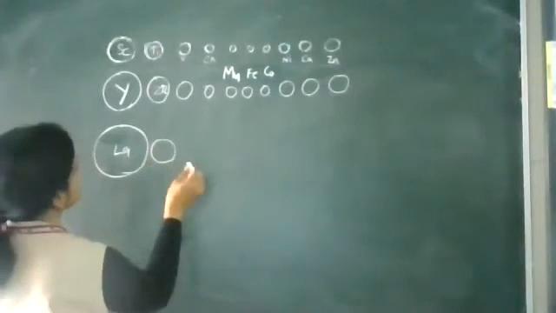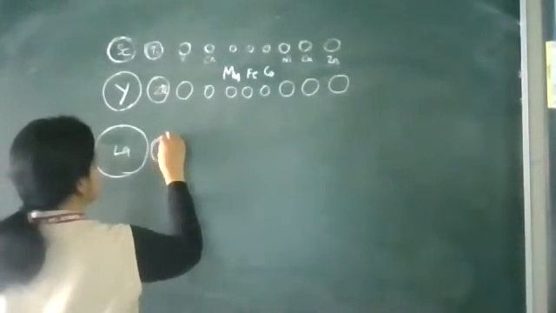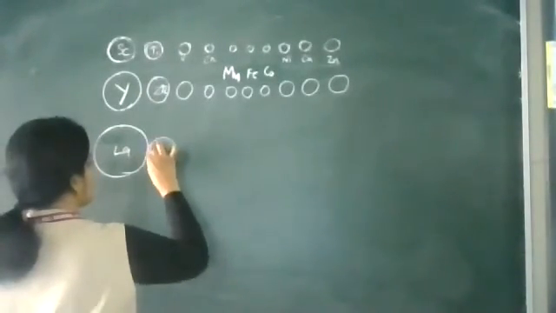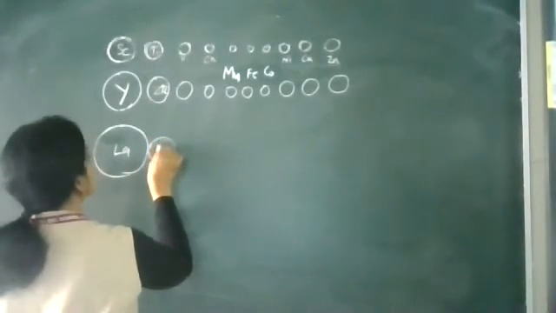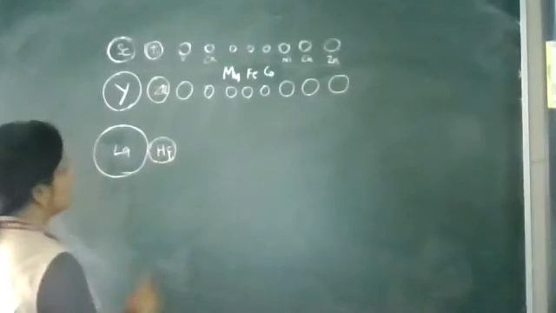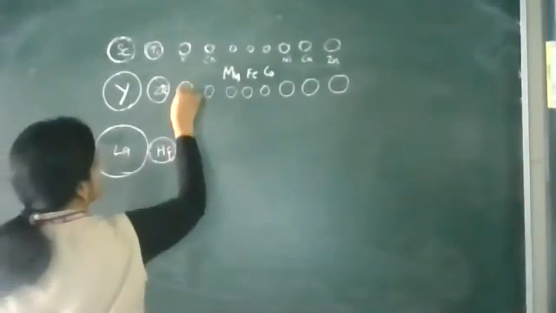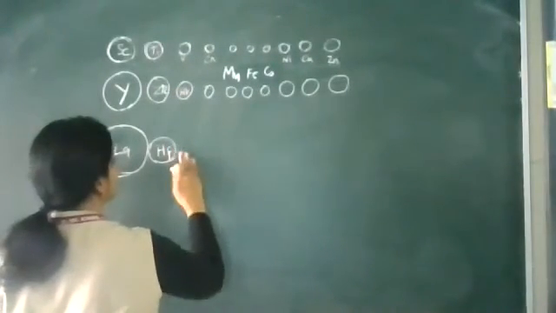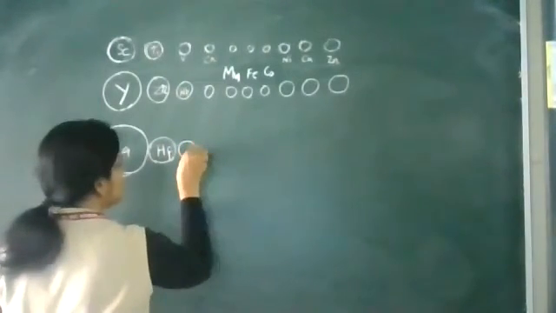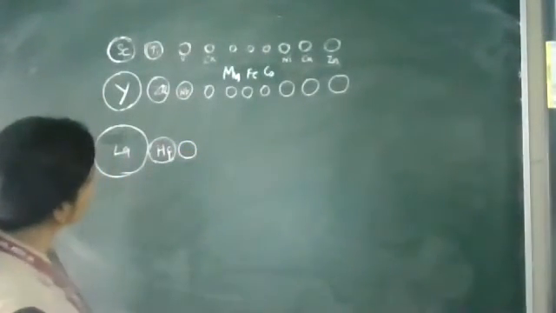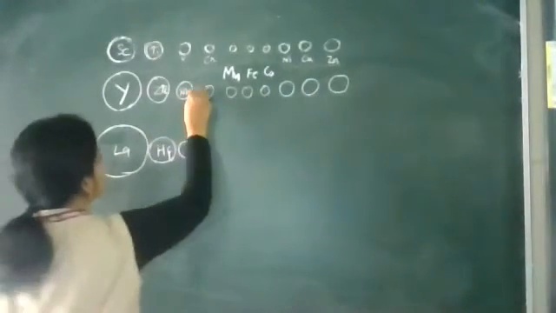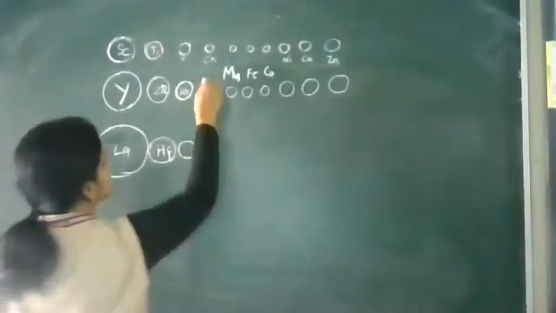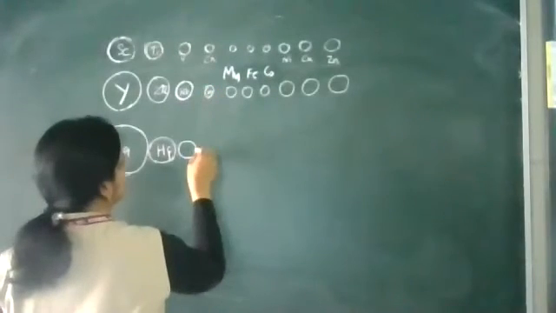That is our question: hafnium is having the same size as that of zirconium. Why is it so? And the next one, tantalum, is having the same size as that of niobium. Next, molybdenum is the same size as that of tungsten.